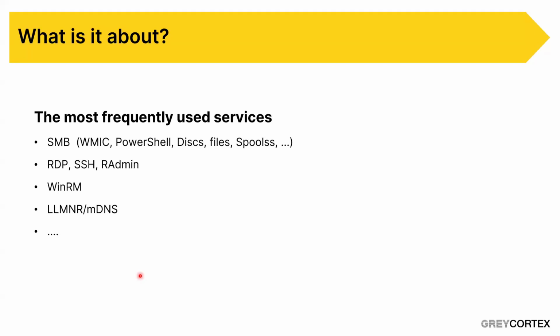Windows Remote Management, it's a built-in system, of course, which is available in Windows to make life easier in a Windows environment, but also make life easier for the hackers in a Windows environment.